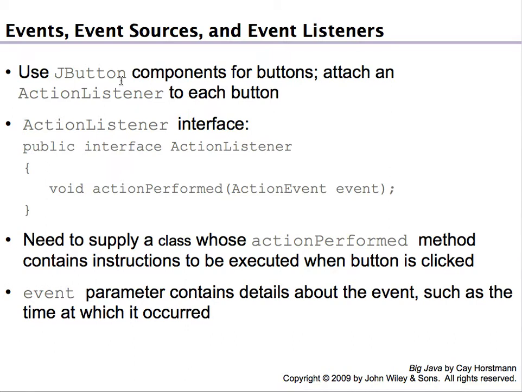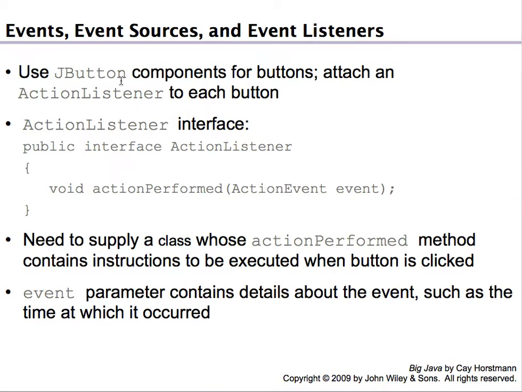Based on that, if you want to listen to a button, the Java library provides certain interfaces. Remember when we talked about the purpose of an interface: to create contracts and ground rules.